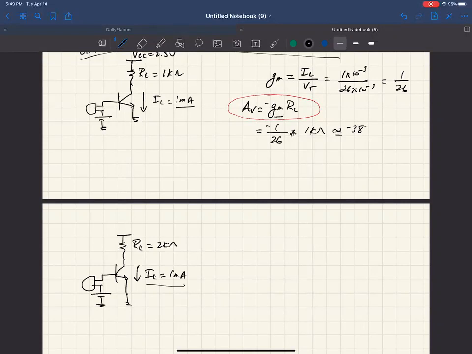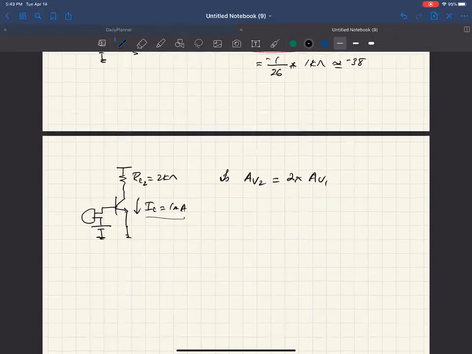And we've doubled RC, so the gain should be AV2 equal to 2 times AV1. So that's the question we have here: can you do that?